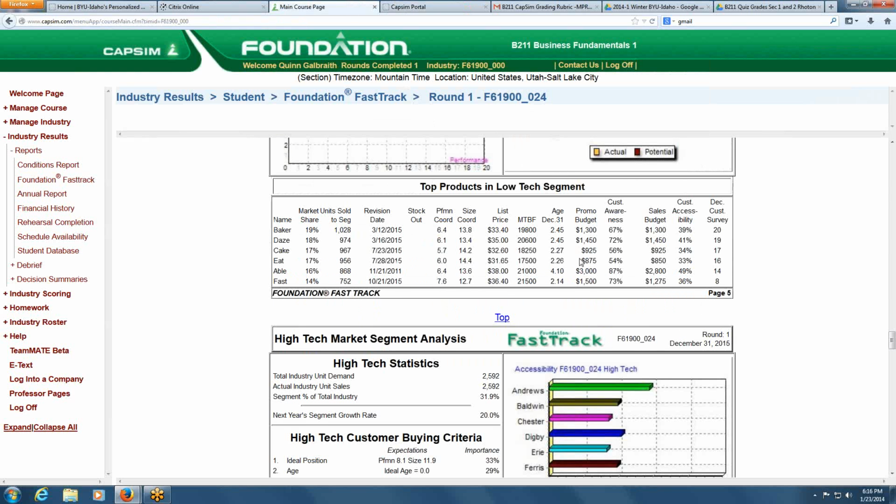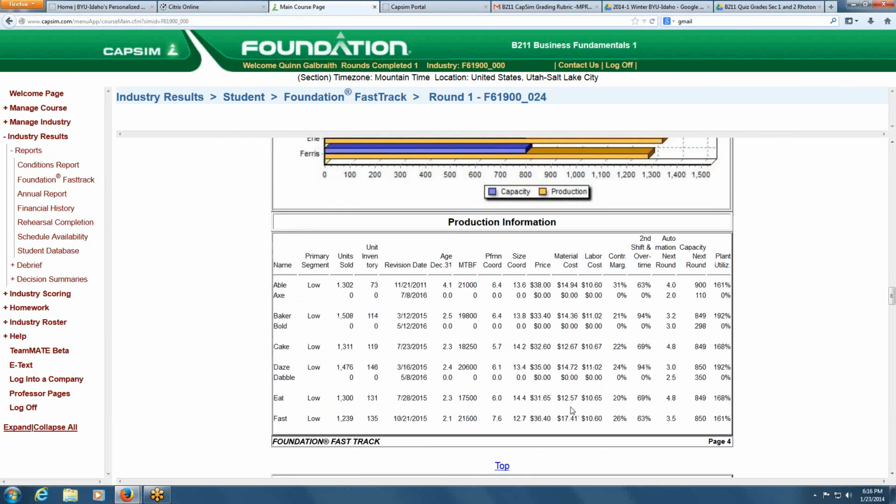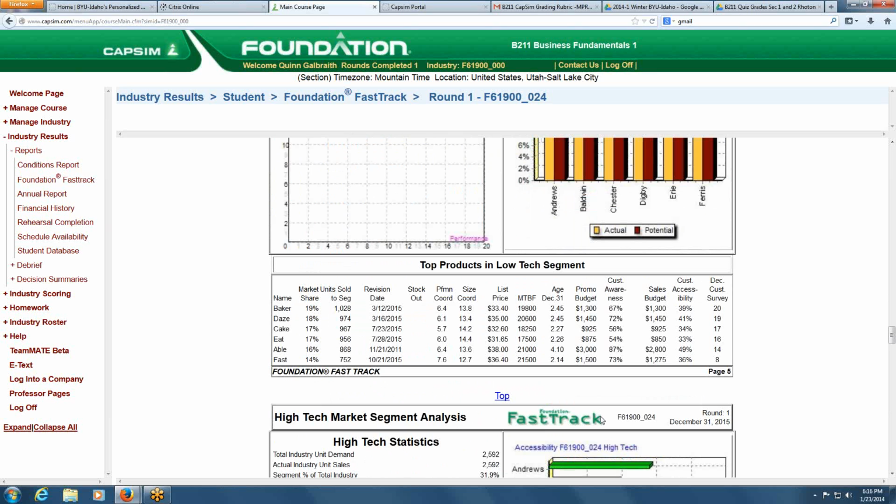If we look at this guy's, who sold 1,302 compared to 895, they are Able, and their accessibility is 49%. Their accessibility is higher than everyone else's, so people could find their product first. Not only were they aware of their product the most, because theirs is at 87%, but they also knew where to find it.